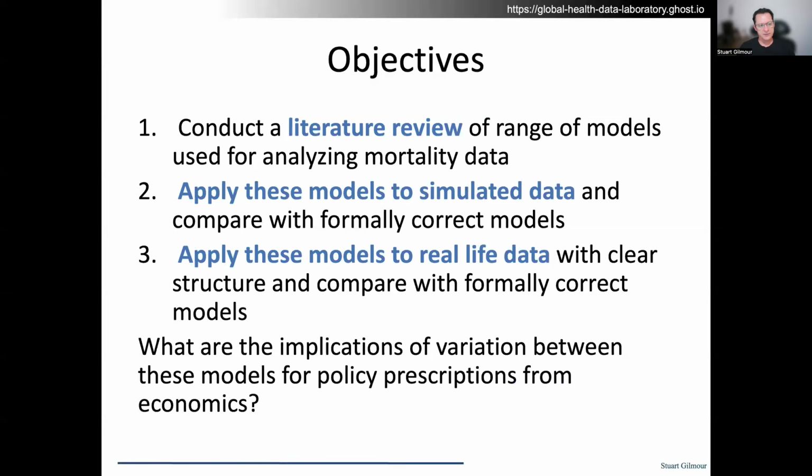And then finally applied the models to some real life data with a clear structure so that we can see whether the econometric models compare with formally correct statistical models for analyzing real life data. And once I've done these three things, I want to ask some questions about the implications of this statistical incoherency in econometrics for the policy prescriptions that arise from this field.